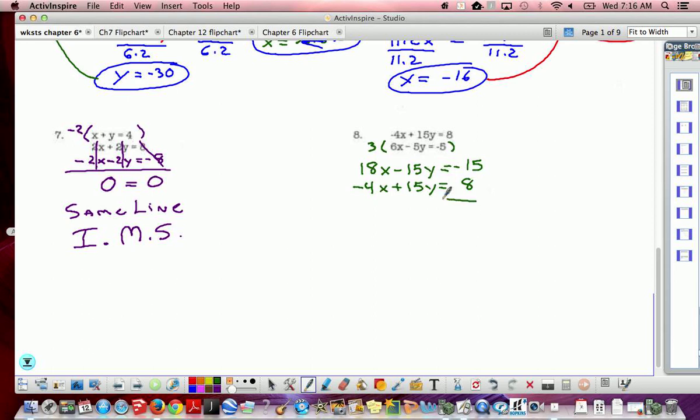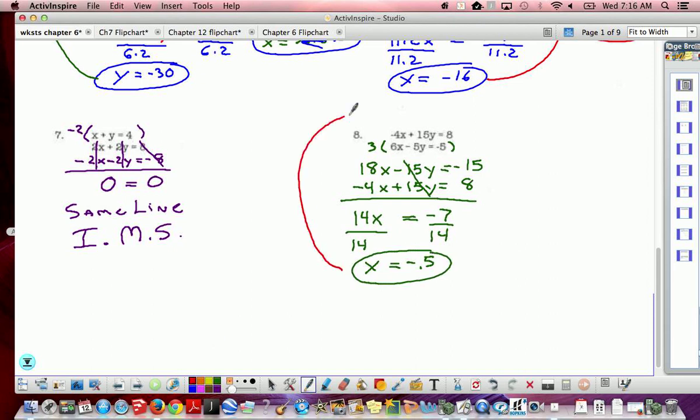So now, when I do, I have 14x, my y's cross out, equals -15 and 8 make -7. Divide by 14, and x equals -0.5. So x is -0.5.